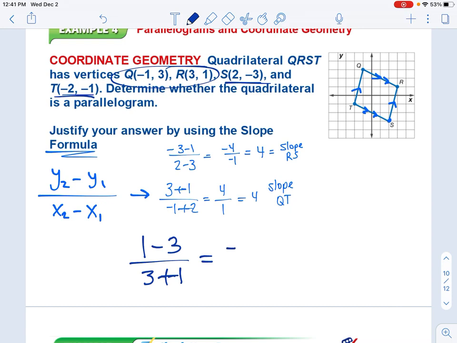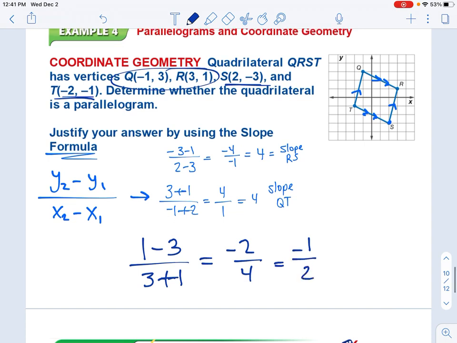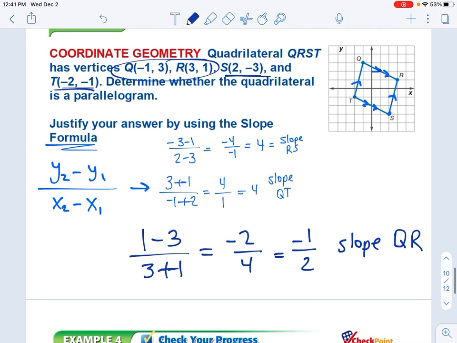So that's negative 2 over 4. That is negative 1/2. That is the slope of QR. Let's check that by counting. I go ahead and rise 1, run 2 to the left. Yep, seems good to me.